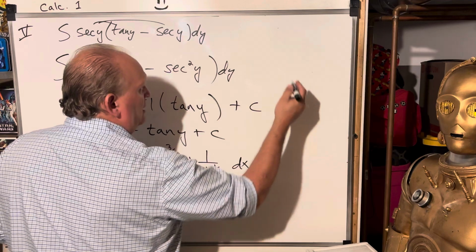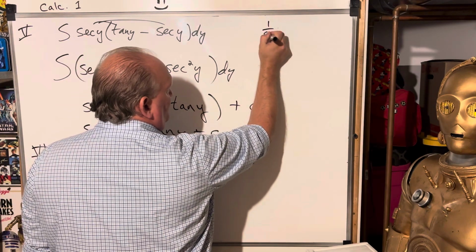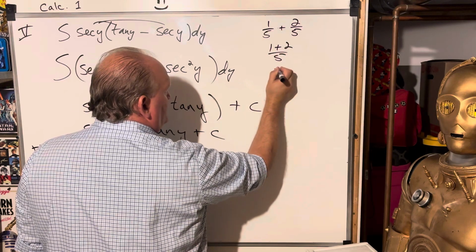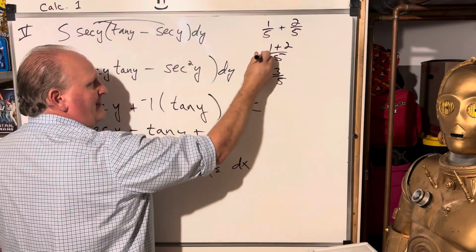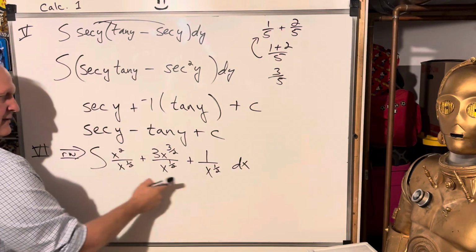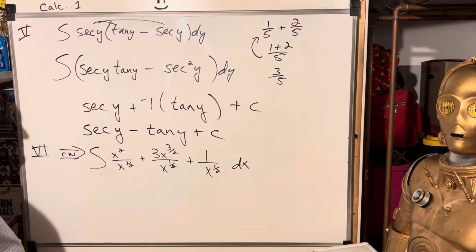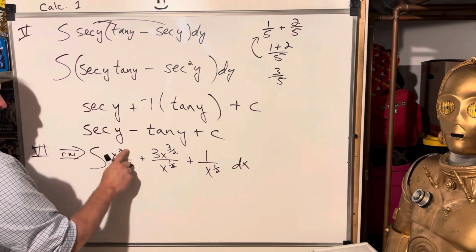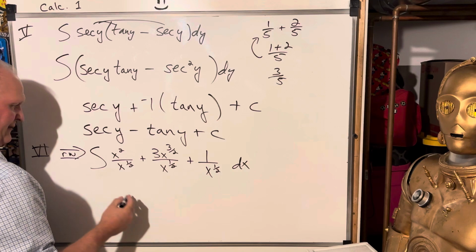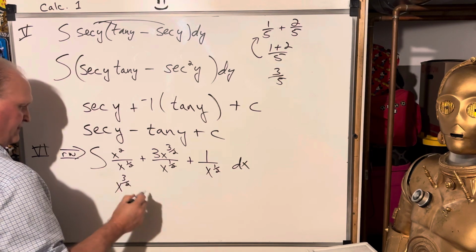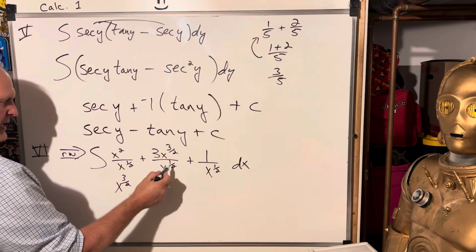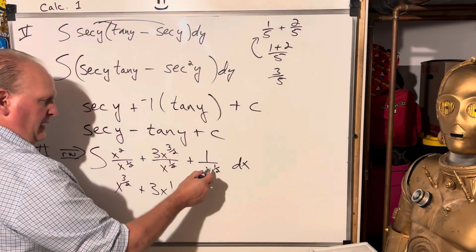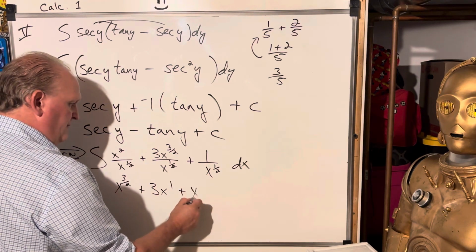Think about when you add fractions. If I say 1/5 plus 2/5, I could say 1 plus 2 over 5, which is 3/5. If I take this step and go back, that's what I just did there. That's how I split up those terms. Mathematically, you are cleared for takeoff on that. So 2 minus 1/2 is 1.5, or 3/2. 3/2 minus 1/2 is 1. And that I'm going to write as a negative 1/2.